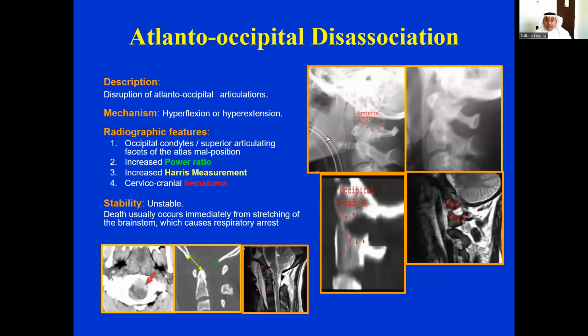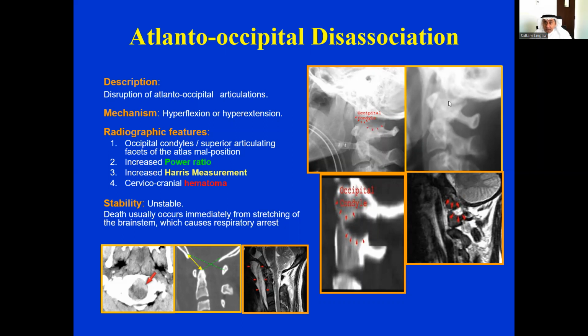So, in the atlanto-occipital assessment, there is a major entity, which is the atlanto-occipital dissociation, meaning the anterior displacement of the occipital condyles in relation to the superior articular surface of the lateral mass of C1.